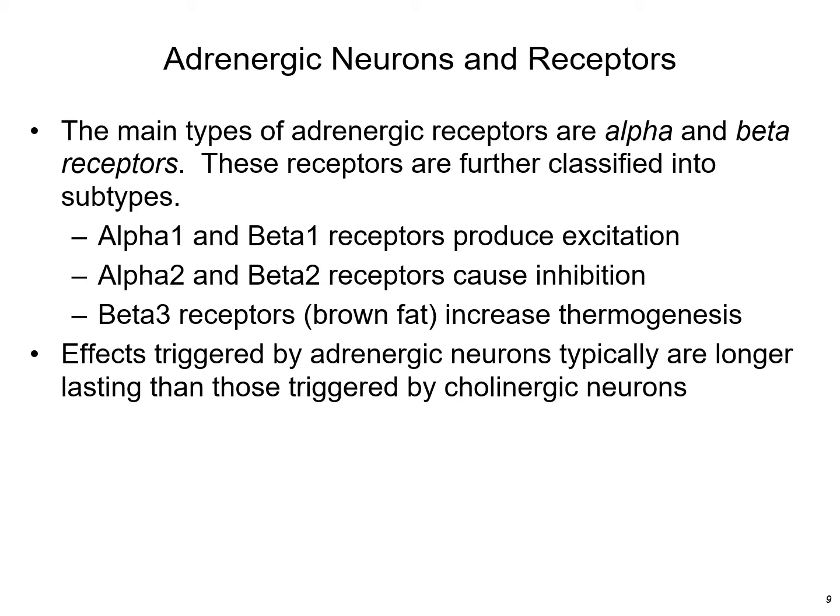These are just different names for proteins that are ligand-gated channels or proteins that can transmit information to the inside of the cell. So alpha 1 and beta 1 receptors create excitation in that target organ. If the target organ has alpha 2 and beta 2 receptors, that target organ will be inhibited by norepinephrine.